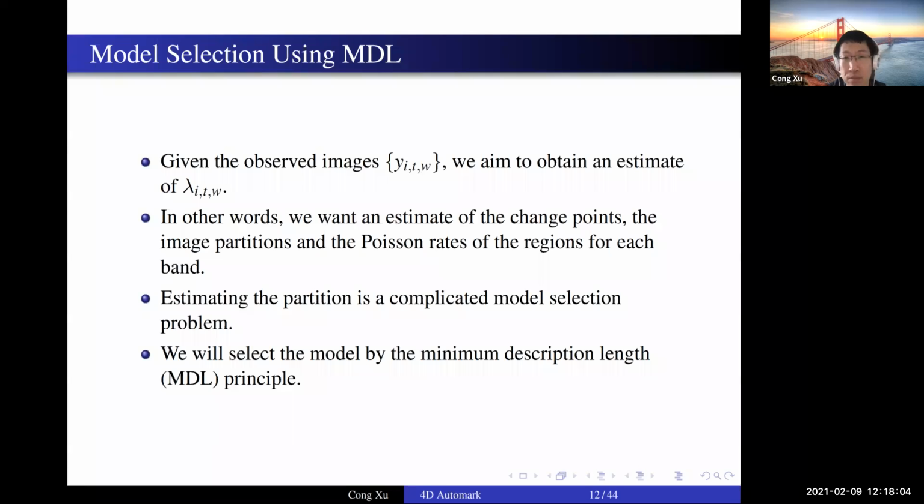If we know the change points as well as the image partitions, then the Poisson rate can be easily estimated by, for example, maximum likelihood estimation. It's pretty simple after being given the change points and the image partitions.